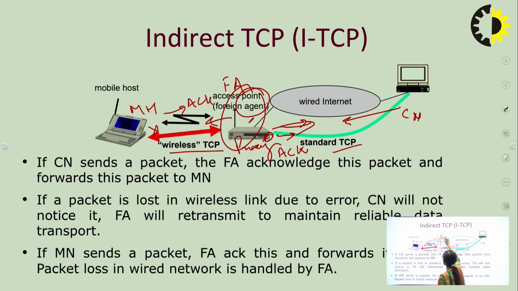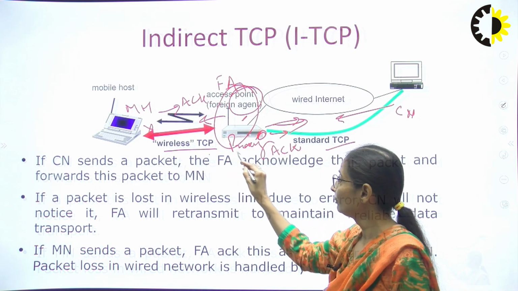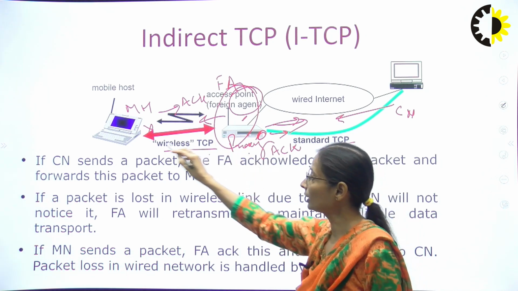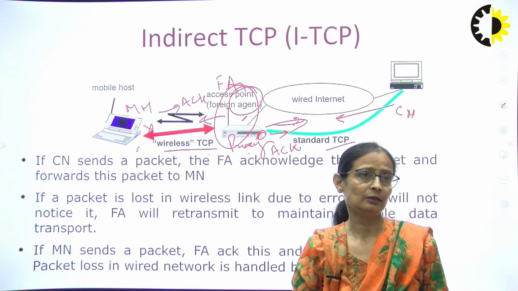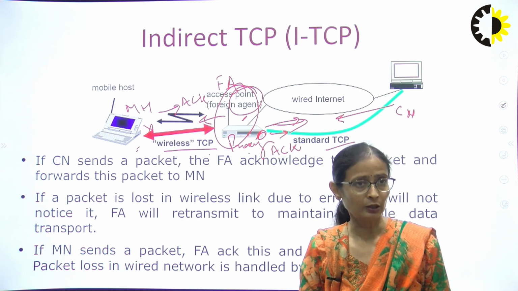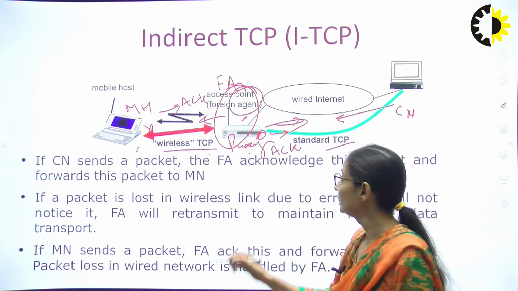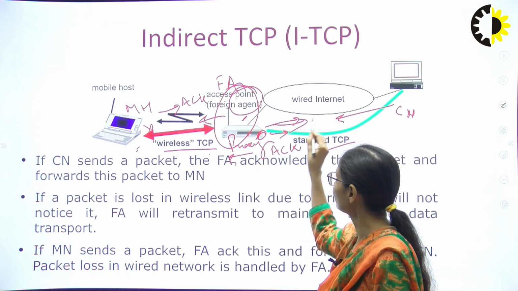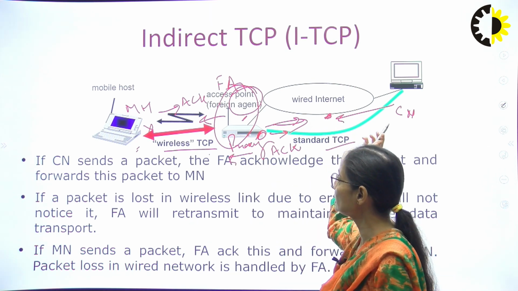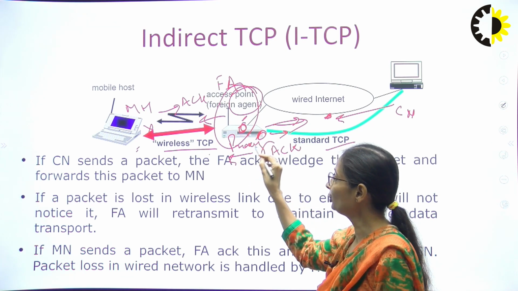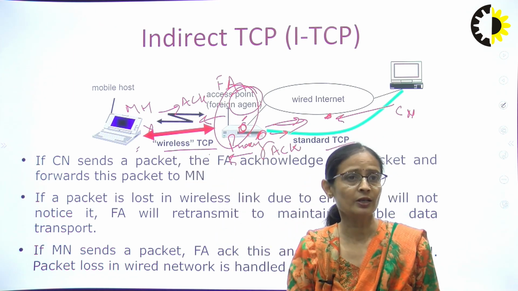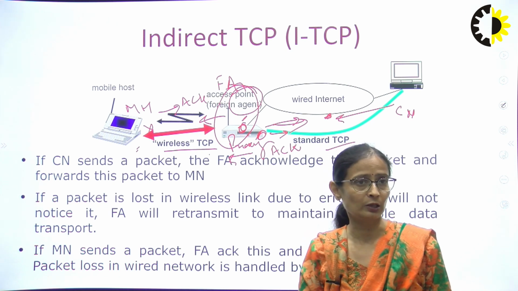Once the foreign agent receives the ACK, it assumes the packet has been delivered to the MH. But if the FA fails to receive the ACK from the mobile host, it assumes there is a packet loss in the wireless environment and retransmits the packet which was sent by the CN. Now it becomes a correspondent node for the mobile host and retransmits the data packet.